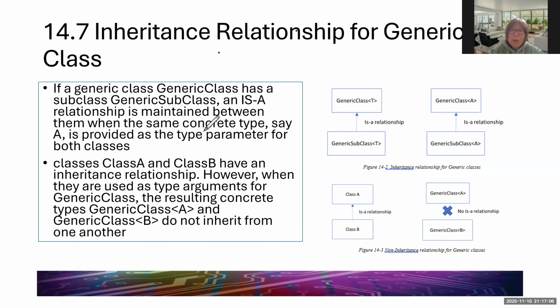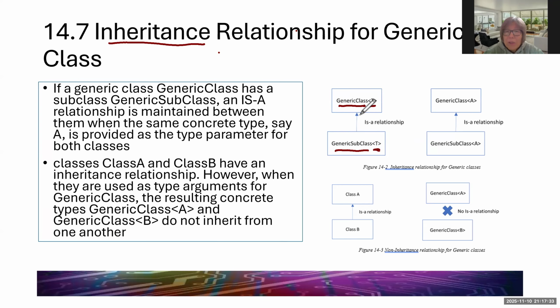Because of the generic class, how does it impact the inheritance relationship? Let's take a look. Here you have a generic class, and then you have a generic subclass. Both are defined as generic class and generic subclass.